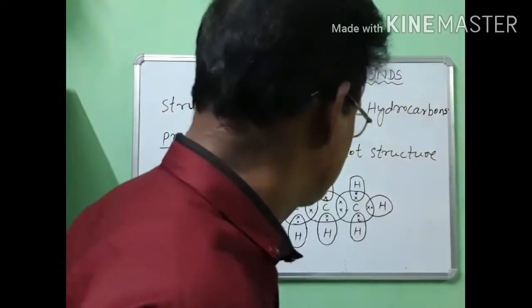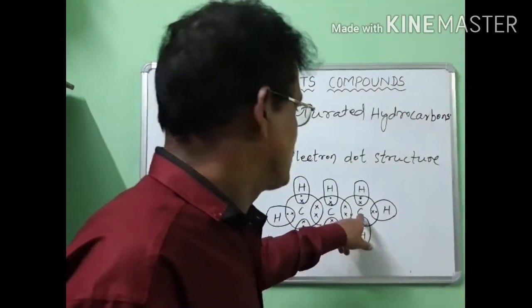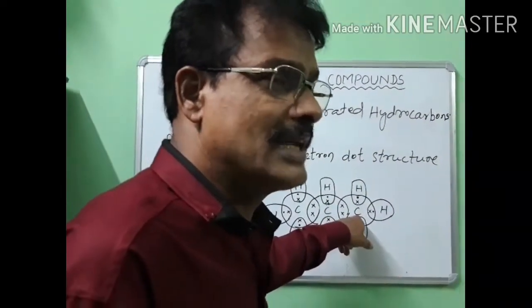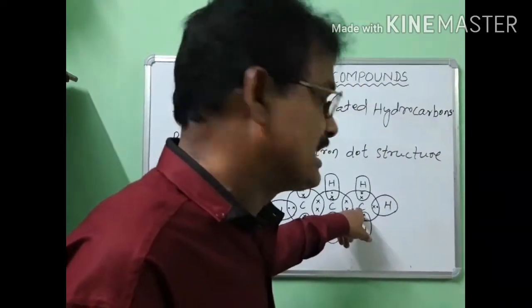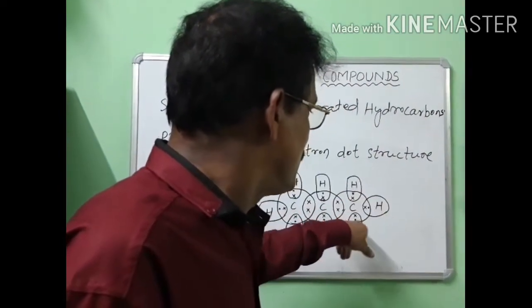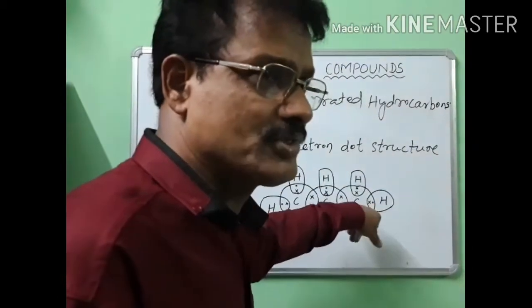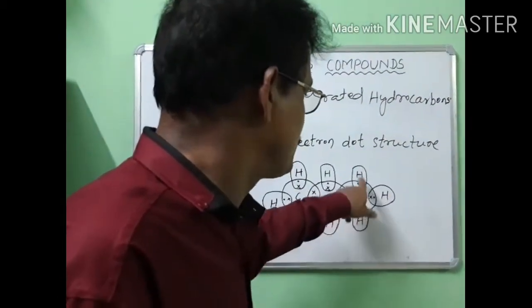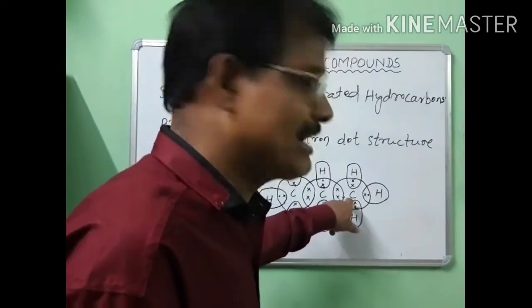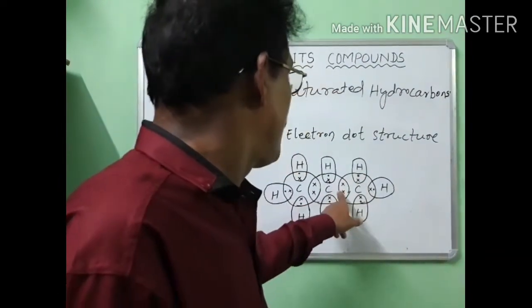And the third carbon atom shares a single pair of electrons with three different hydrogen atoms.